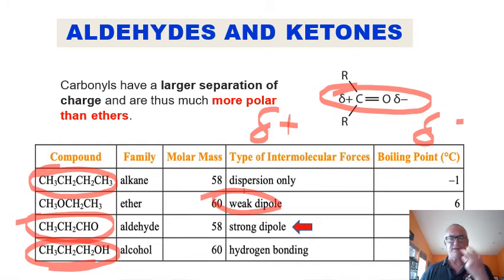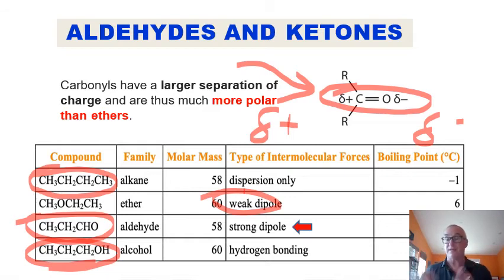So aldehydes and ketones give you that very strong dipole, and also allow a lot more reactions to take place because of this big difference in charge. This acts as a very convenient place for electron-rich groups to attack that carbon and then undergo reactions. We're not going to get into a lot of that.